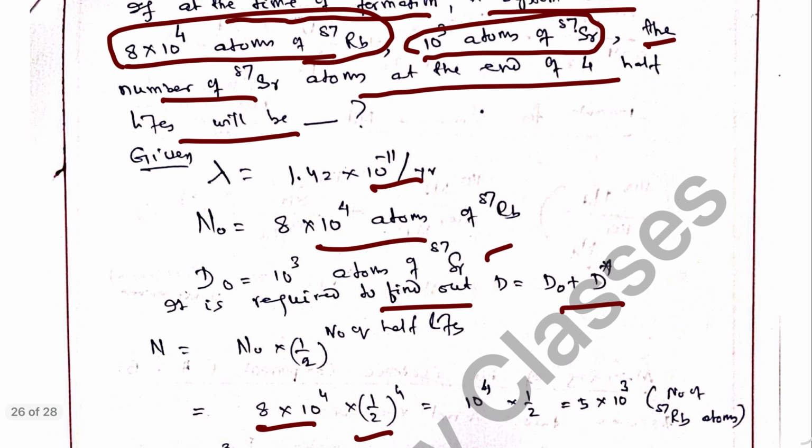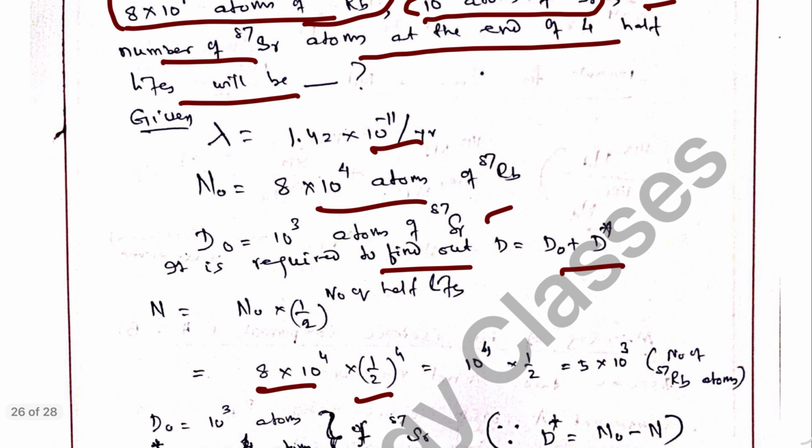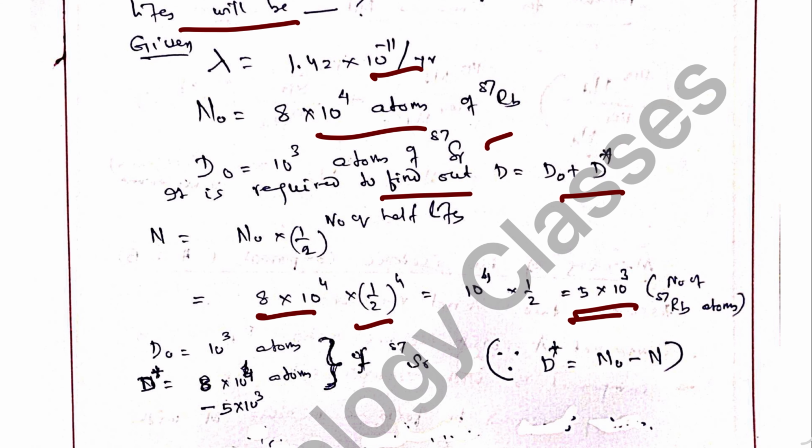Now, after 4 half-lives, we get the N value, which is 5 into 10 to the 3. D0 is 10 to the 3 atoms. D star is equal to 8 into 10 to the 4 atoms minus 5 into 10 to the 3, because we get N, which is 5 into 10 to the 3.